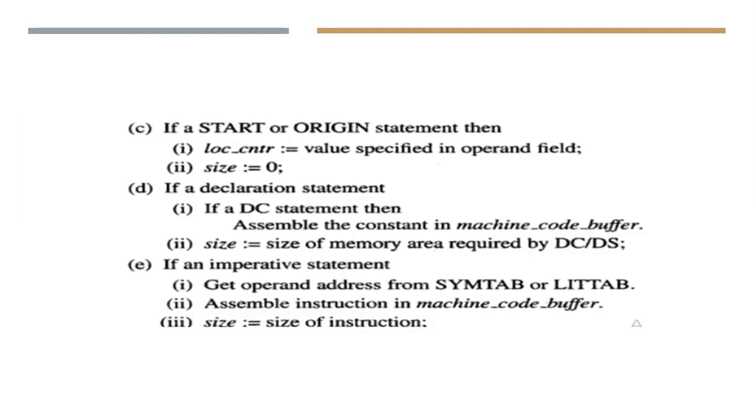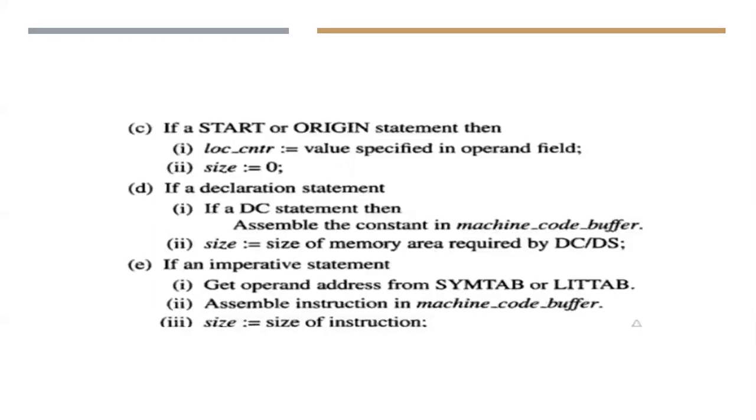And the size is obviously 0, because start or origin, these two assembler directives, will not need any memory space. We just discussed in IC that start and end, these assembler directives are just directing the assembler to do something. They don't need any memory. That's why size of start and origin is going to be 0.